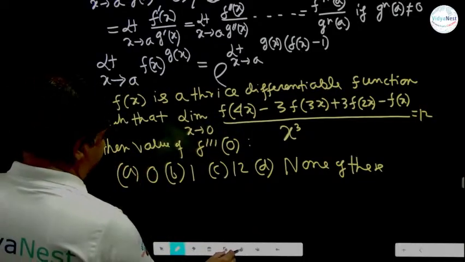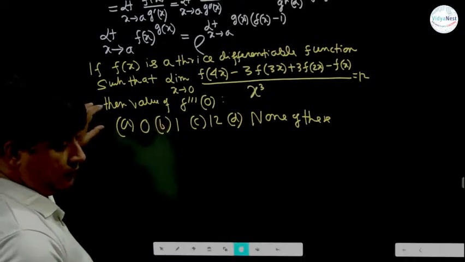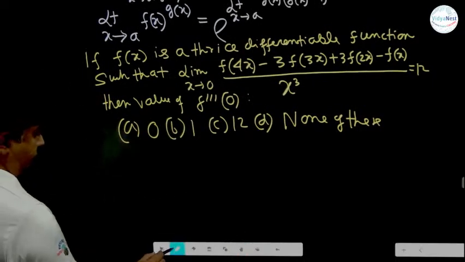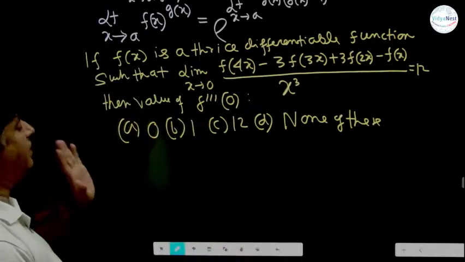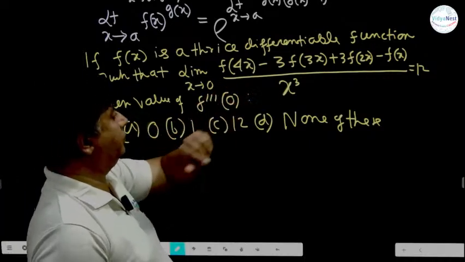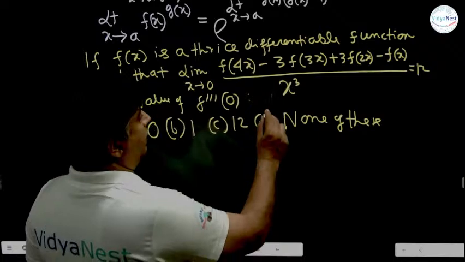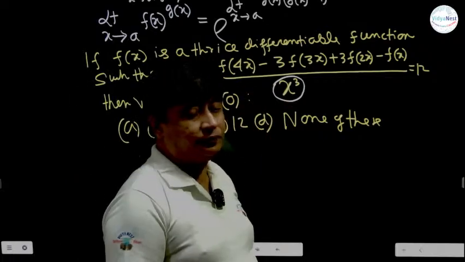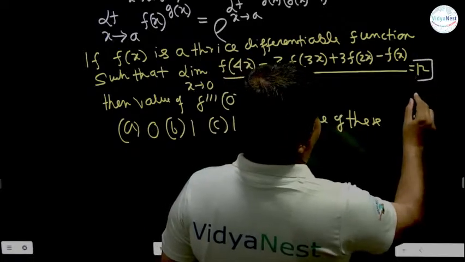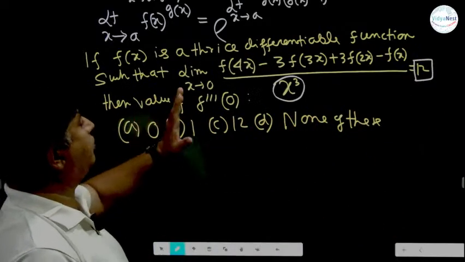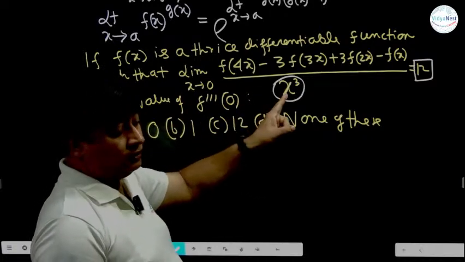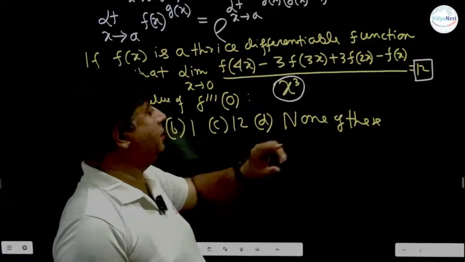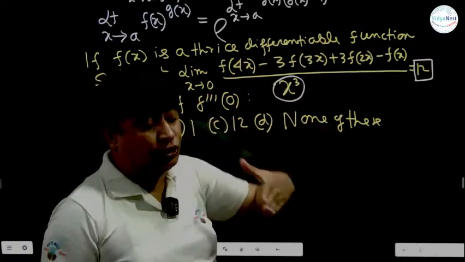Now, once you come to know L'Hopital's rule, you directly put 0. If you put 0, you will get 0 in the denominator, which makes the limit undefined. Yes or no? But the value of the limit is finite and defined. So we have to keep on differentiating unless and until the 0 part is removed from the denominator, means the thing which makes the limit 0 has to be eradicated.